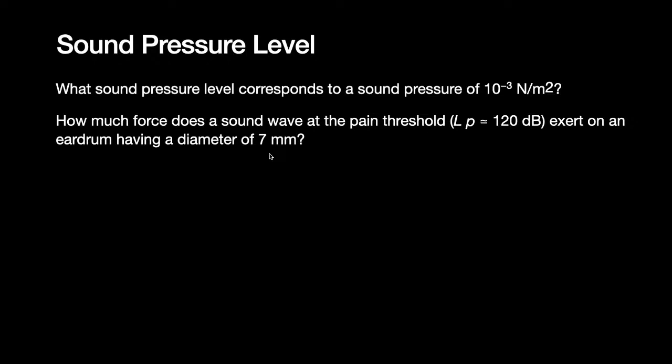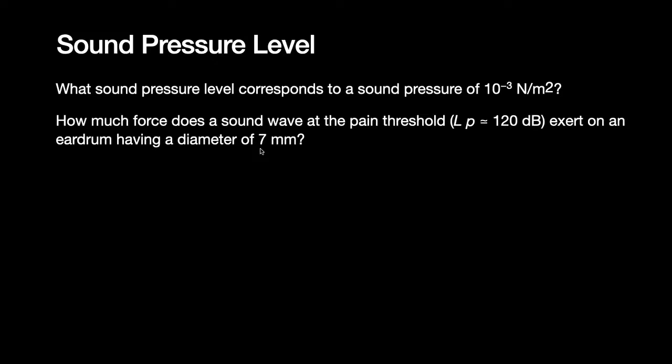For that, you will be using area of the eardrum. Diameter of the eardrum is 7 mm. So radius is 3.5 mm. Remember to convert it into meter, and pi r square will give you the area. 3.5 into 10 power minus 3 whole square into pi.